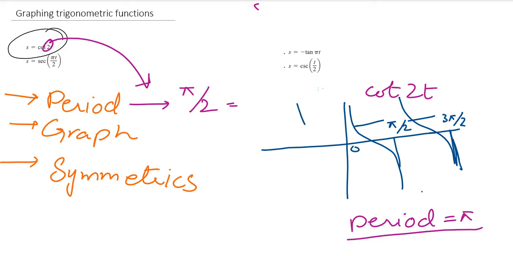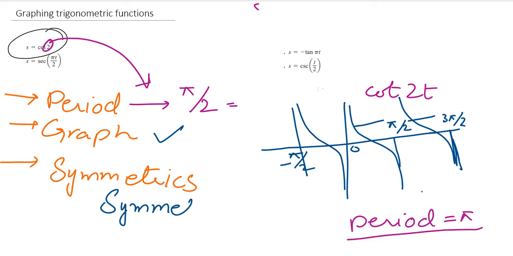So this will be the graph. If you want to draw it on the other side of the x-axis too, again the period will be negative pi by 2. So we are done with the graph, and the symmetry is about the origin. We can say it is symmetric about the origin.